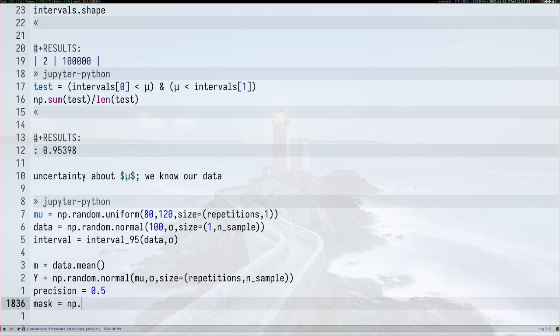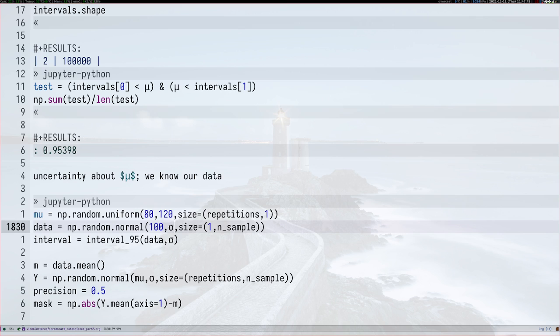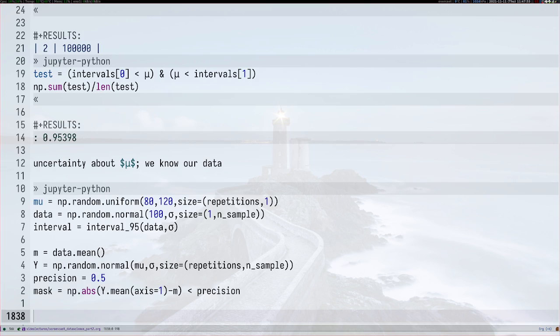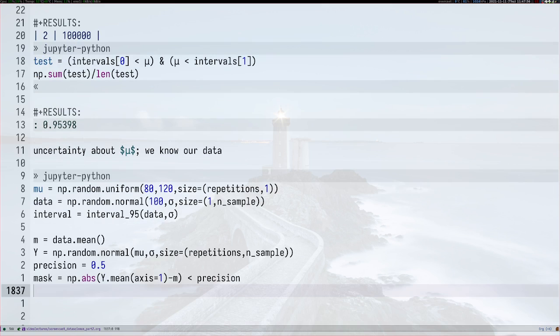We're only going to be interested in samples where it's actually the case that the mean in the samples that we generated minus the mean in our data, so that's the one over here, in absolute value, should be smaller than precision. In principle, our different choices of mu should lead to the same data that we have.